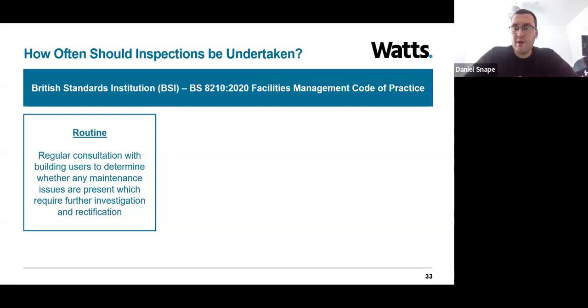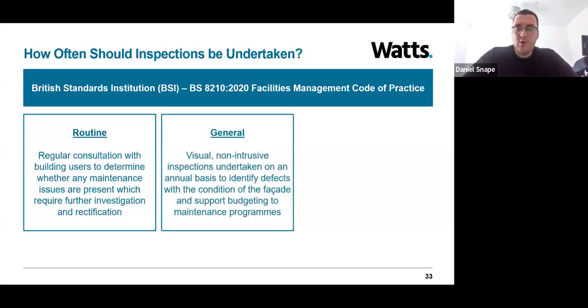Residents and other building owners should also be consulted regularly to determine whether defects are present in areas less accessible, such as private apartments. Internal cracks or damp, for example, could be due to facade elements failing, and knowing these issues exist as soon as possible can avoid more costly and disruptive rectification works.